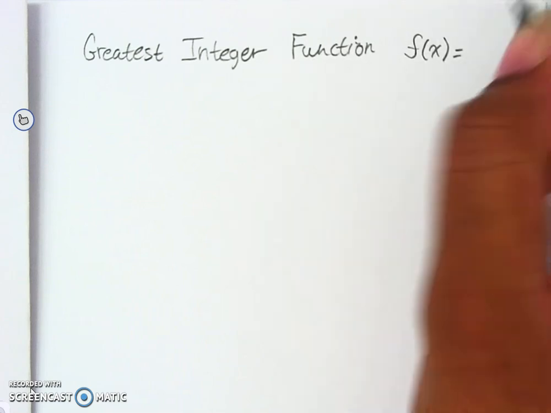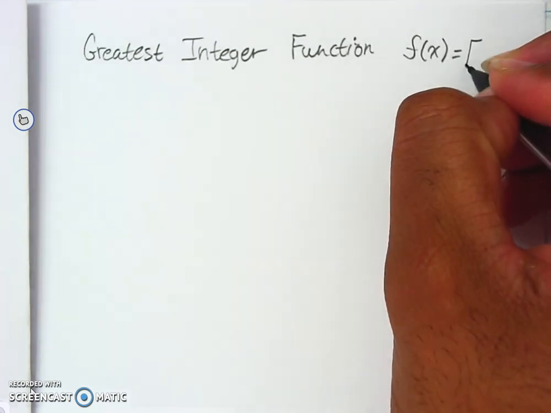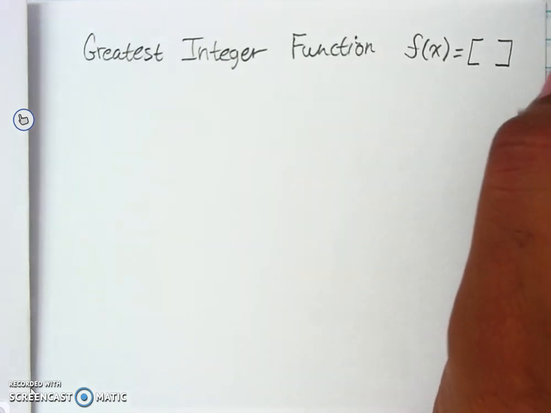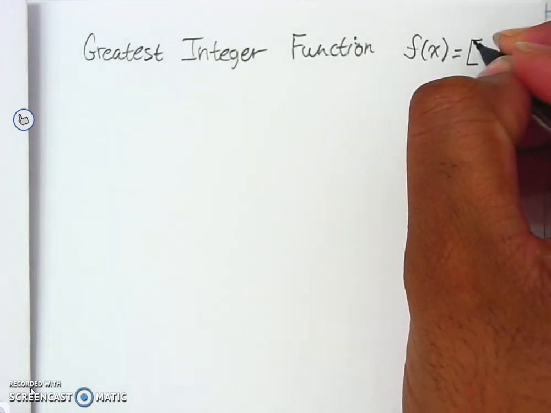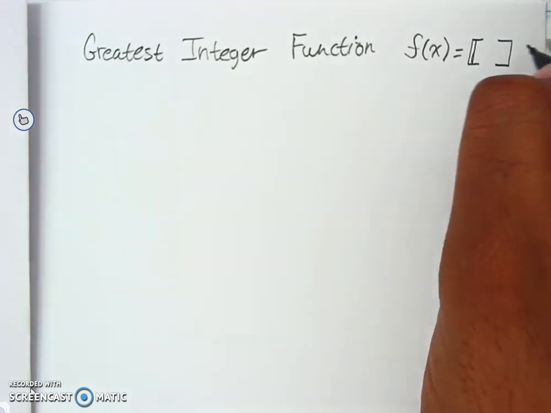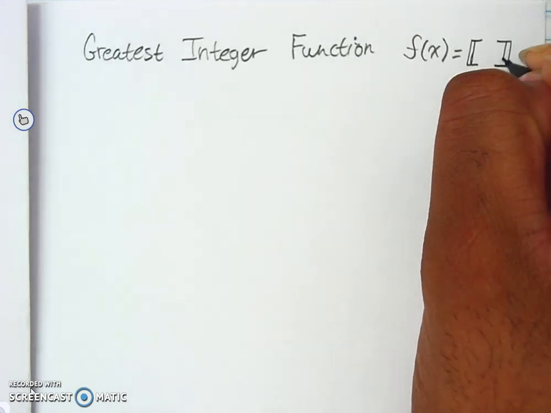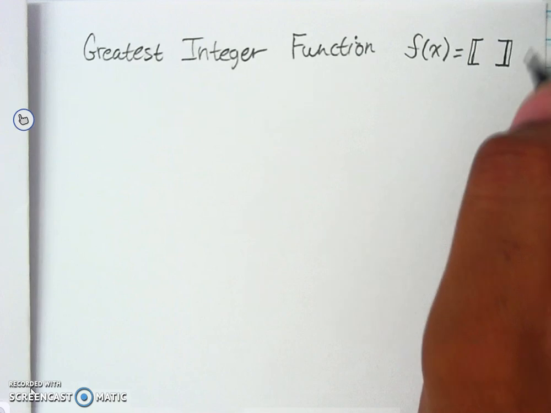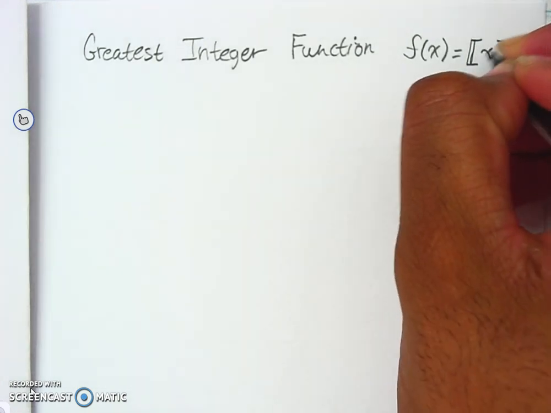So we're going to say it's f of x, and then we're going to put brackets right here. Now inside the bracket, we're going to do a line going straight down. And then in this bracket, we're going to do another line straight down there. So it looks something like this. And then we're going to put x in the middle.